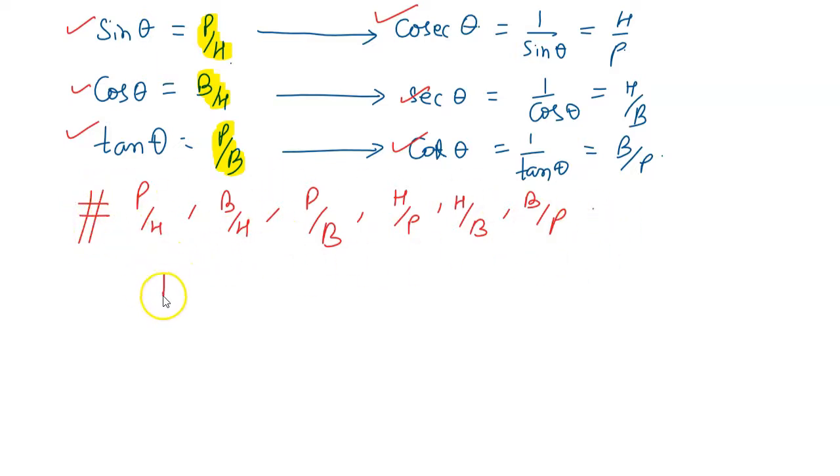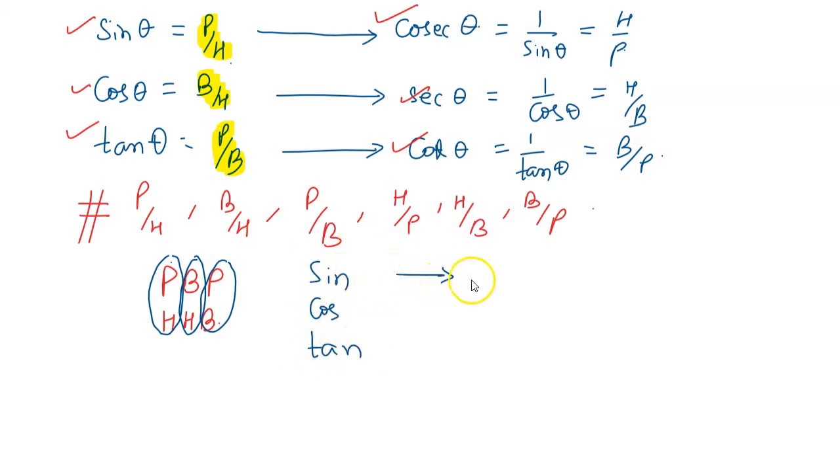Now some important correlations you can see, but before that, how do I remember these trigonometric ratios? I just use the code word PBP HHB, right? So first, for sine it is P by H, cosine it is B by H, tan it is P by B, and once we know sine, cos and tan, then we can reciprocate them and get cosec, sec and cot respectively, right?